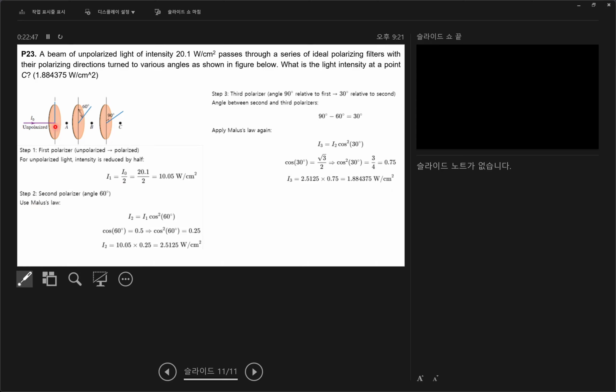You get 60 degrees here, and for the third one, the angle between the two polarization axes is 30 degrees, and then you get this number. So this chapter is relatively simple. You need to know the critical angle and Malus's law, and of course Snell's law.